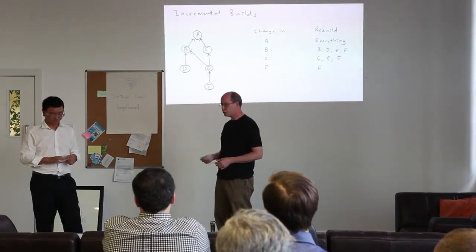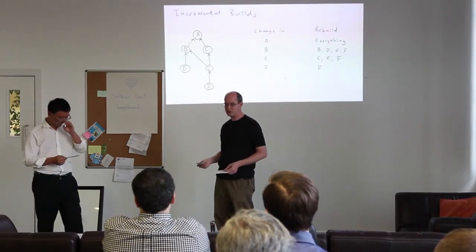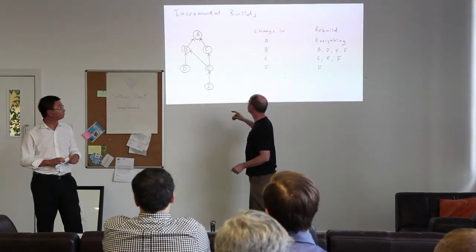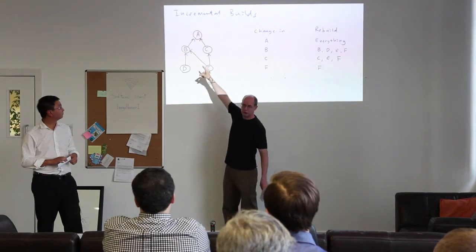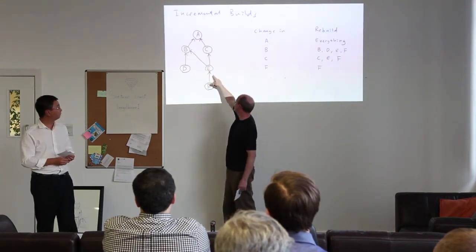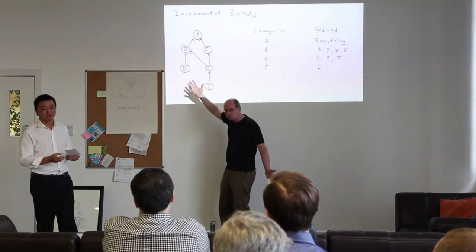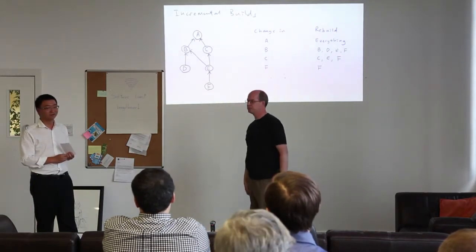Also, we got rid of any possibility of diamond dependencies. Are you all familiar with diamond dependencies? So if C depended on some version of A and B depended on a different version of A, what's E going to get? You don't know. Unless you lock it down, you just don't know.